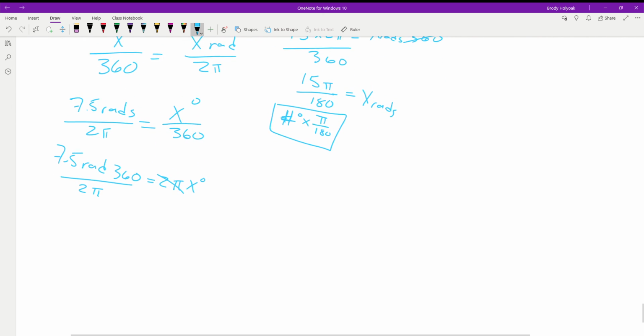We end up with our number of radians times 180 over pi. So our ratio flips, because the radians will cancel and we're left with degrees. That's radians to degrees.